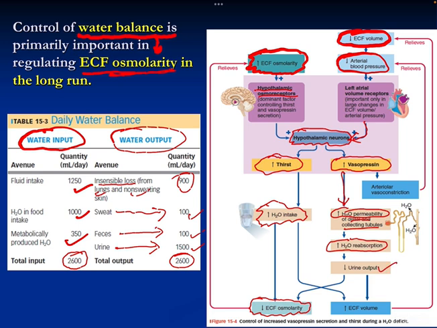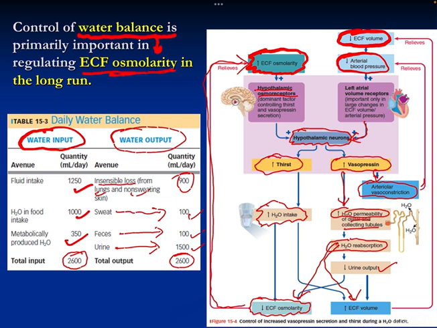More water reabsorption will increase the extracellular fluid volume and also help to decrease the extracellular fluid osmolarity. So overall, this will relieve the increase in osmolarity. Plus, there is an additional effect at pharmacological doses: vasopressin also leads to arteriolar vasoconstriction.